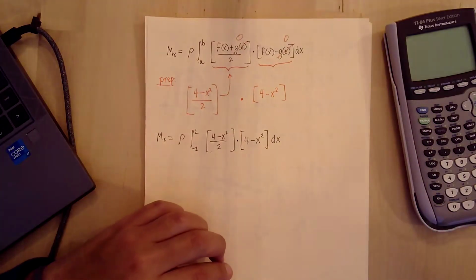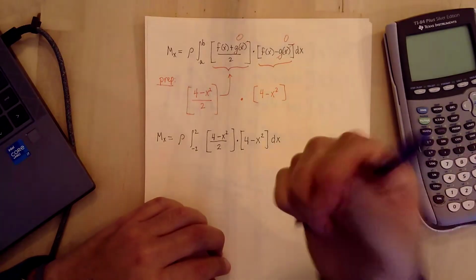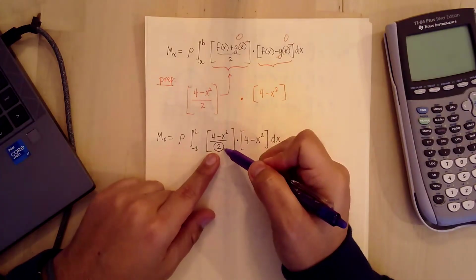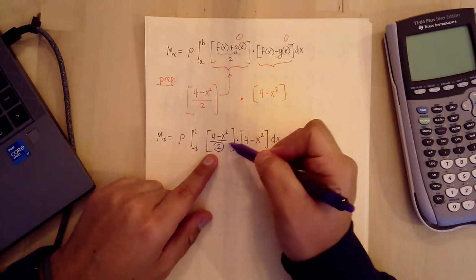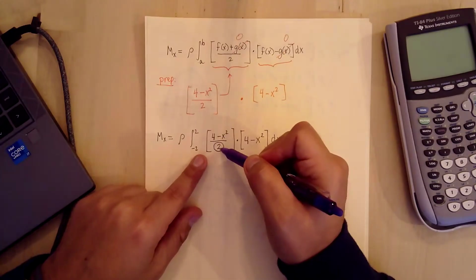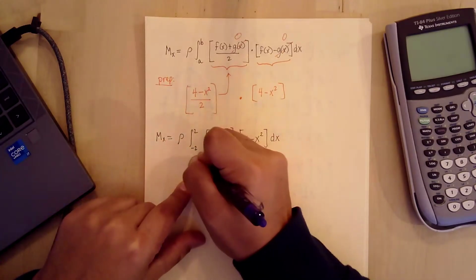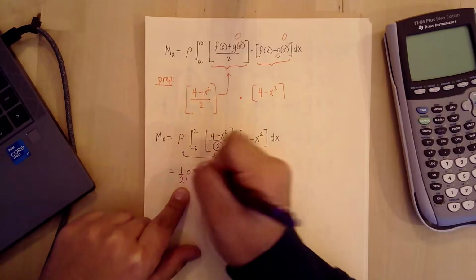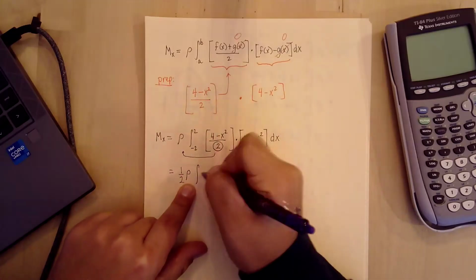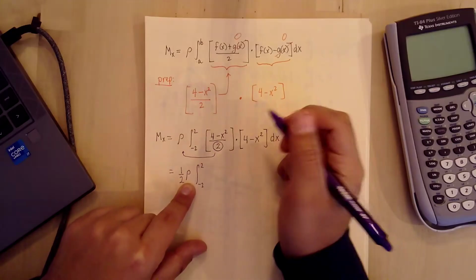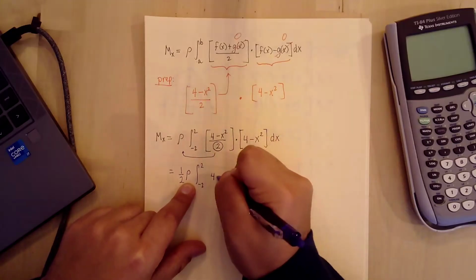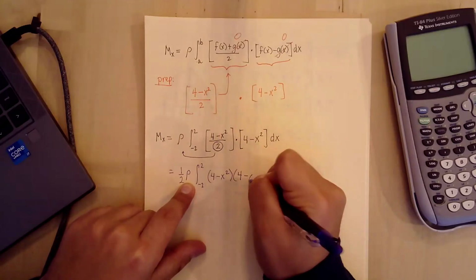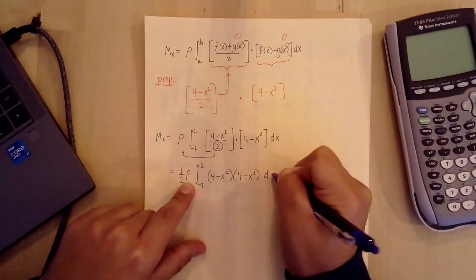And if you don't mind, I'm going to pull this factor of 1/2 out of the integral, because we're dividing by 2. So I'm going to set this up as 1/2 rho, and then we'll integrate from -2 to 2 of 4 minus x squared times 4 minus x squared dx.